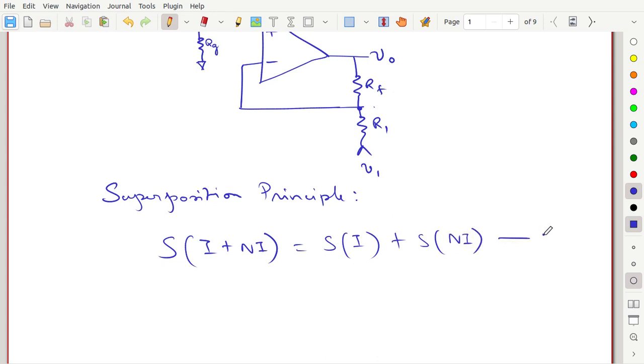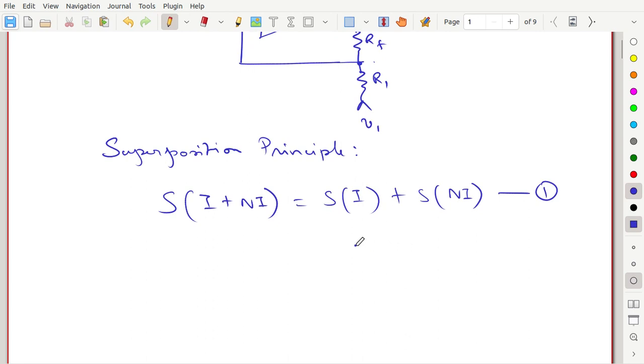It may look odd as an equation, but if we work it out, we can simply understand this.